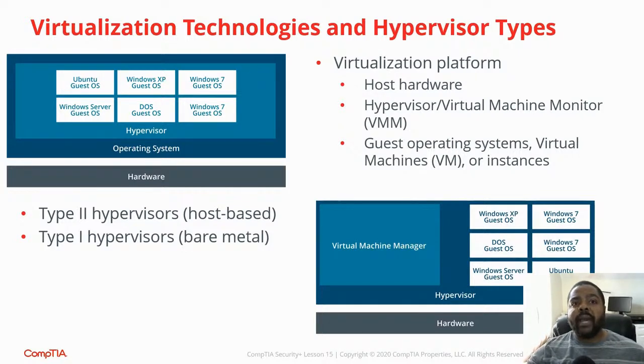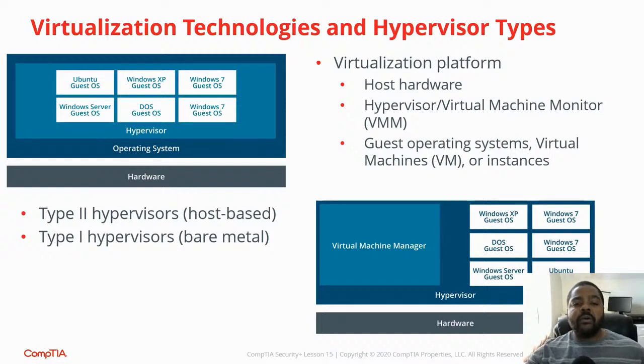Now, when we're thinking about what the cloud is, we need to go back to what a hypervisor is and how it actually runs. So we have two types of hypervisors, and type one will be a bare metal hypervisor, and that's where the OS is going to sit on top of the bare metal, and it's going to run the virtual machines off of that bare metal instance.